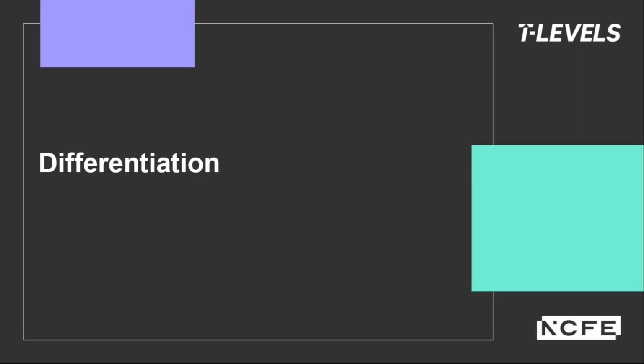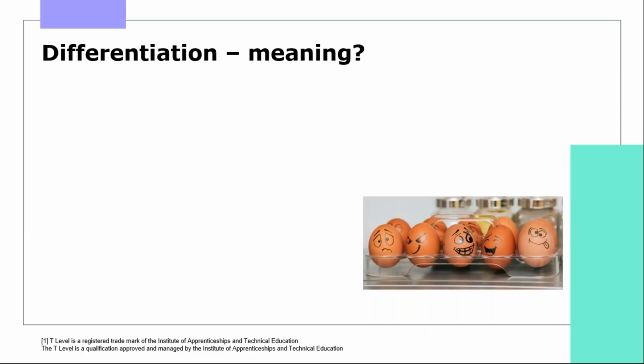All of the E&D factors impact on teachers' differentiation strategies. So before we go any further, we're going to briefly recap what we mean by differentiation. Firstly, it relates to working with groups of students. Even in small groups, the needs of the students will be very different.